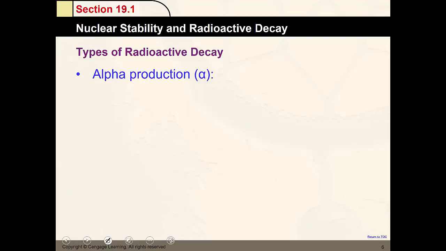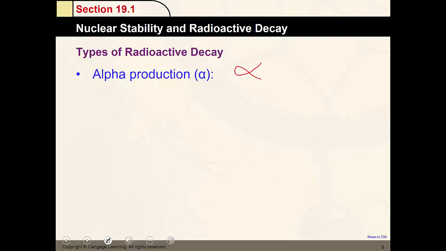Okay, so the first type of radioactive decay is alpha decay. And we've already talked about alpha particles with Rutherford's experiment. So how we represent an alpha particle, or alpha decay, is the Greek letter alpha, which writing it out, it looks like a little fishy, like that.